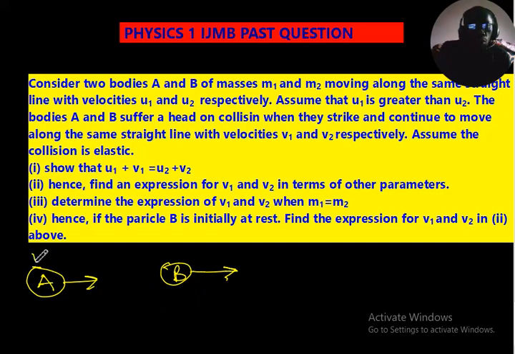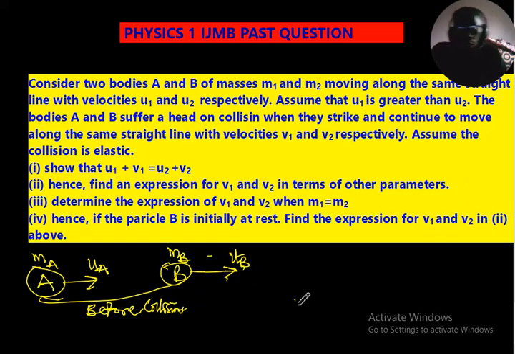So this will be MA, UA, MB, UB. All this happens before collision.